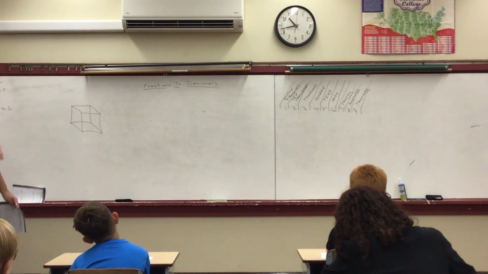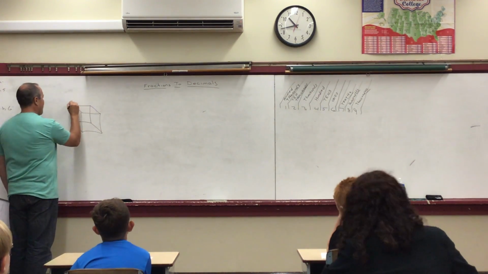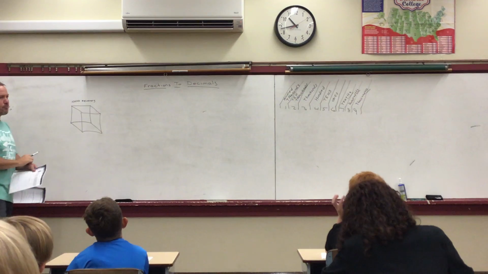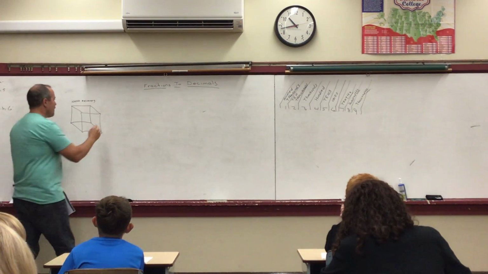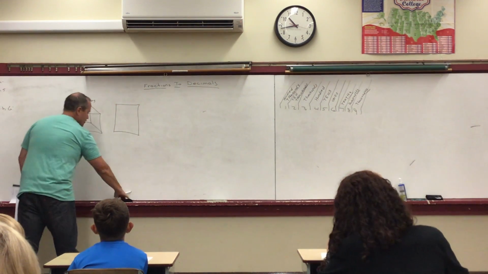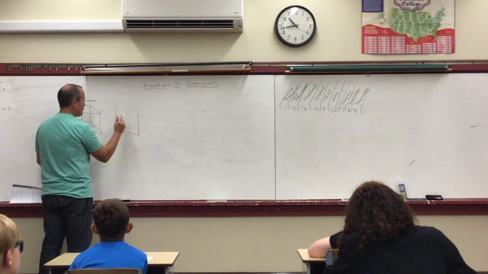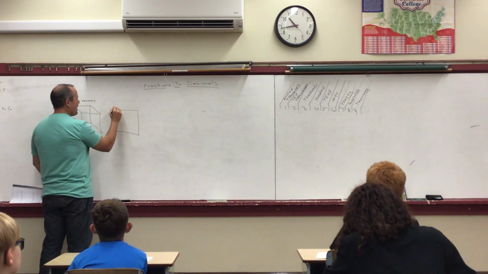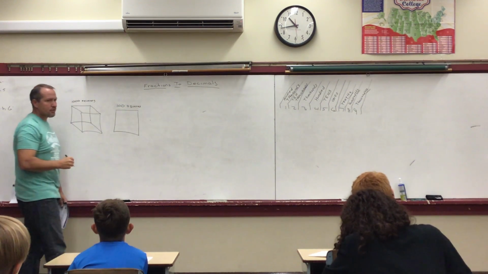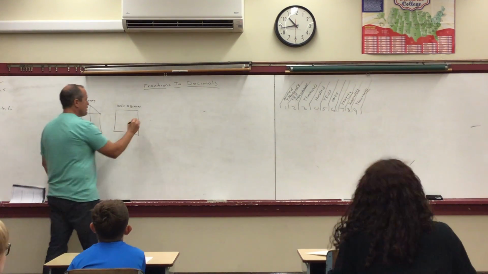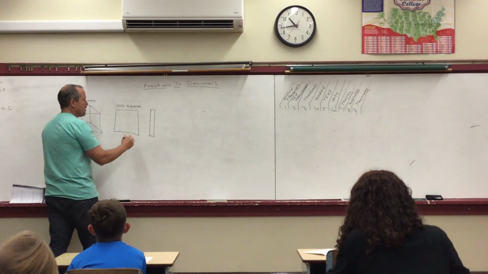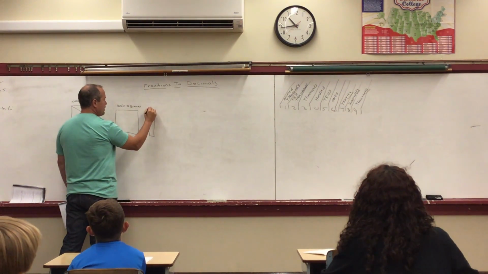In that large cube, there are 1,000 little squares. Then the next block is just a square, and that has 100 little squares on it. And then you have what I call the rods, and those little rods have 10 squares on them.